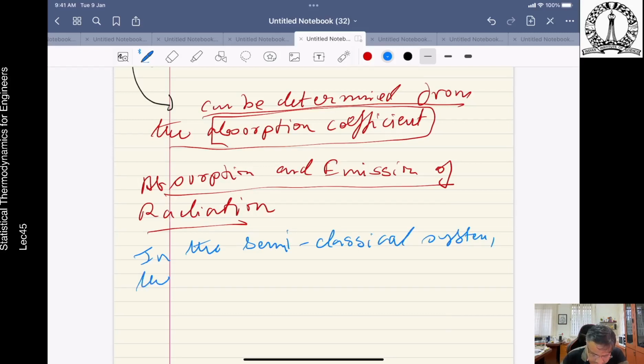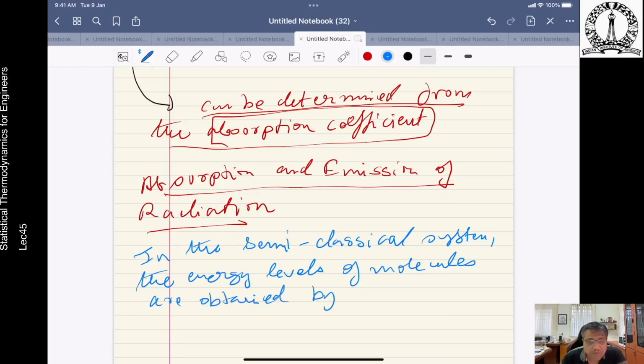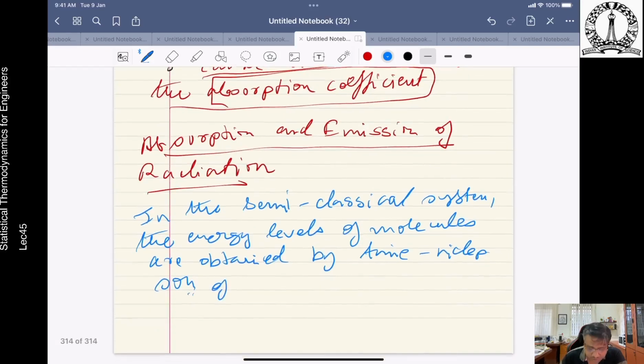The energy levels of molecules are obtained by the time independent solution of Schrodinger wave equation.